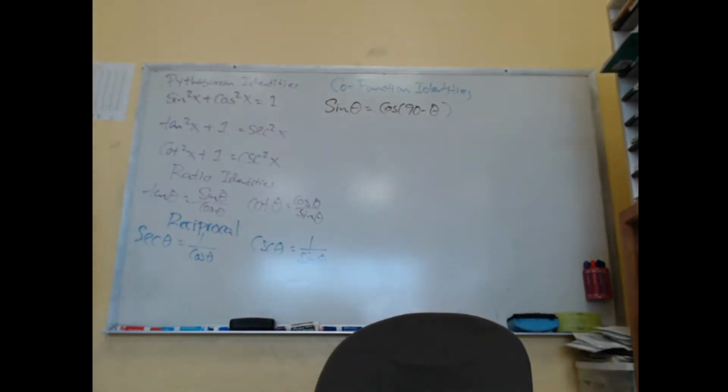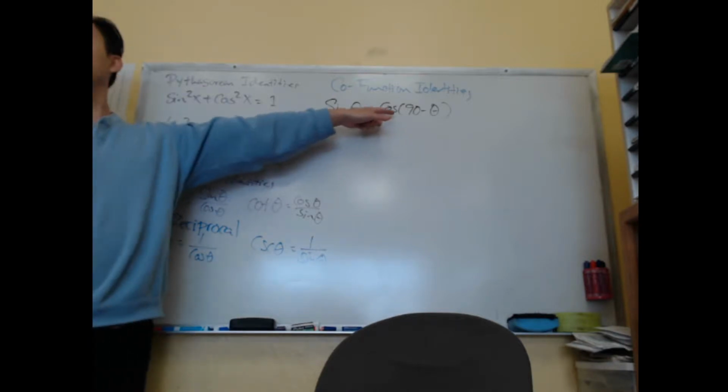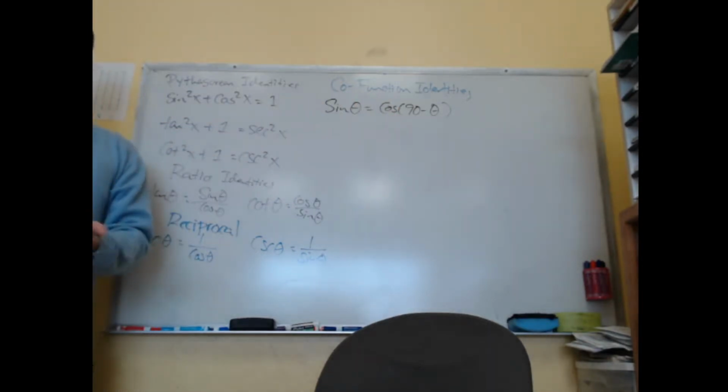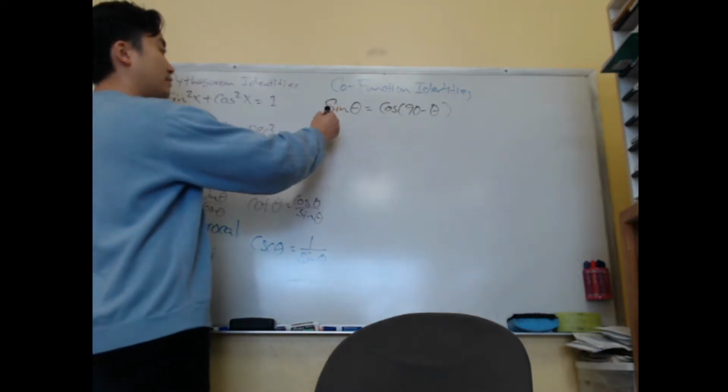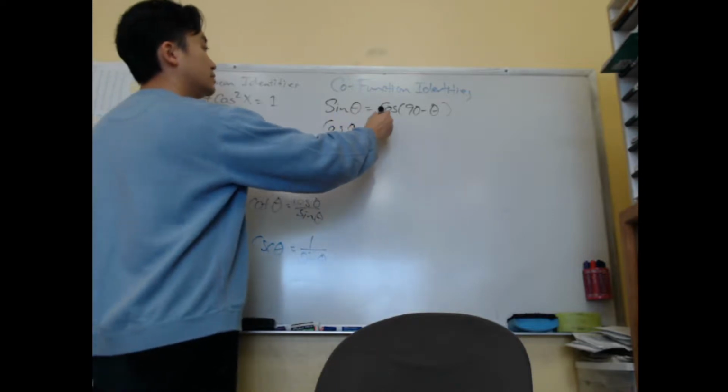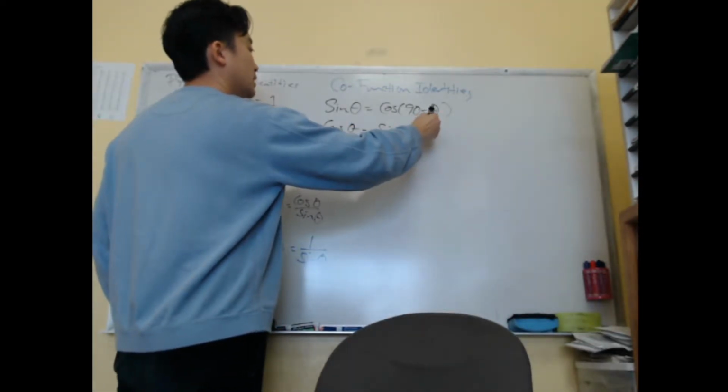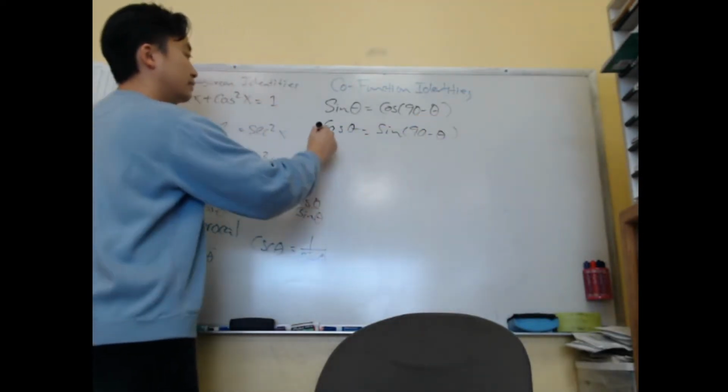It's just a complementary angle. Why is that? What's the sum of all the angles of the triangle? 180. If that's a right triangle, 180 minus 90, we get 90 again, right? So 90 minus one of the angles gives the same ratio. The same thing happens with cosine of theta. So sine of 90 minus theta, tangent.